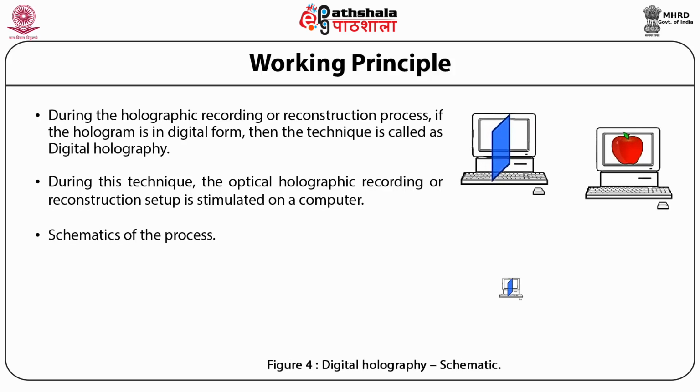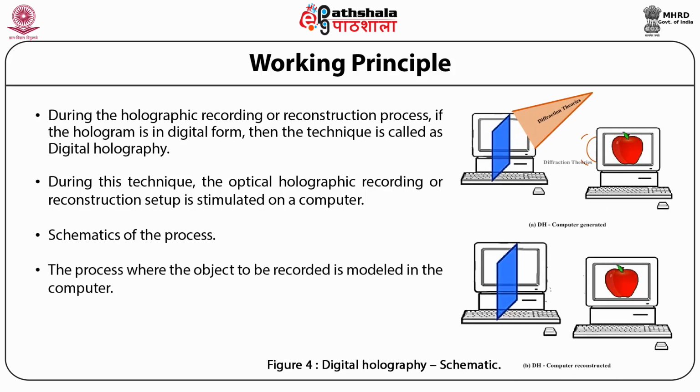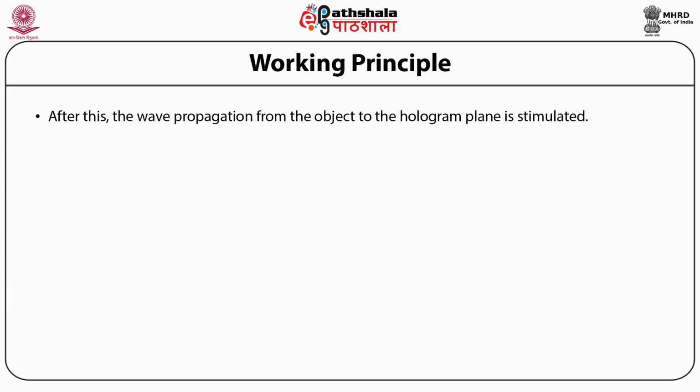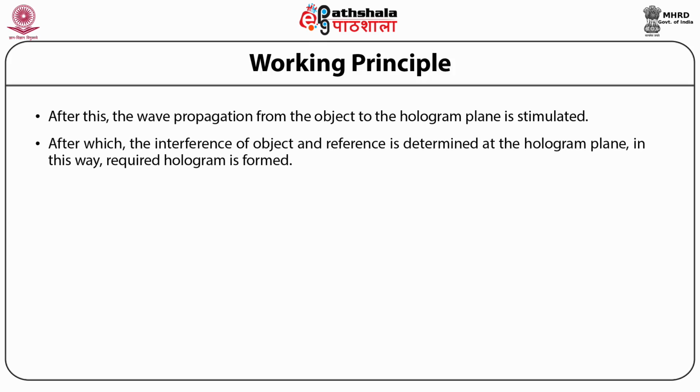Figure 4a represents the process where the object to be recorded is modeled in the computer. After this, the wave propagation from the object to the hologram plane is simulated. These steps are repeated for the reference, after which the interference of object and reference is determined at the hologram plane. In this way, the required hologram is formed.